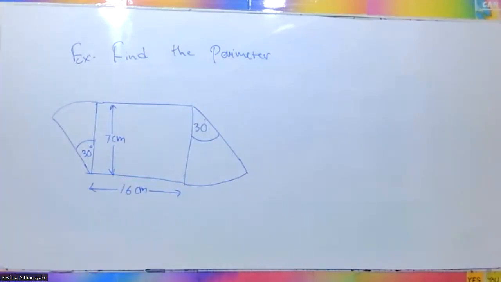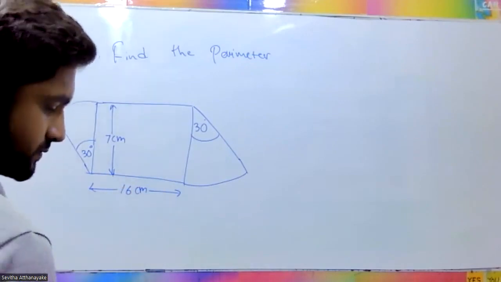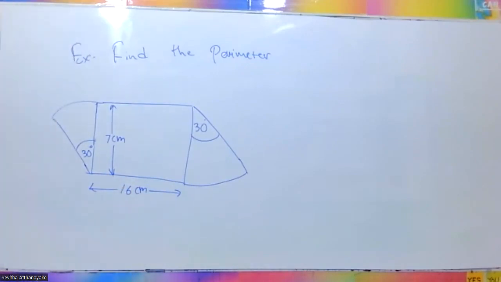Find the perimeter of this shape. I'll give you 5 minutes. Try to find the perimeter.